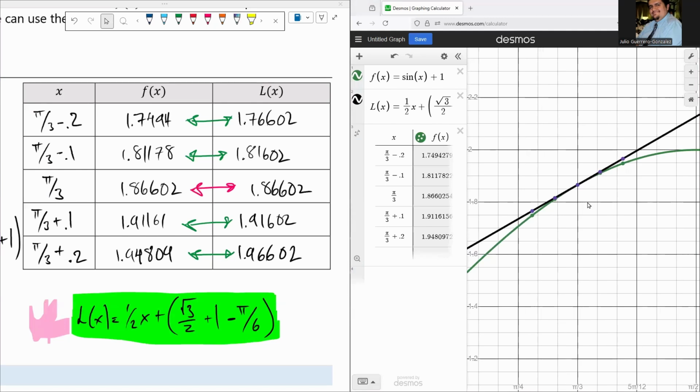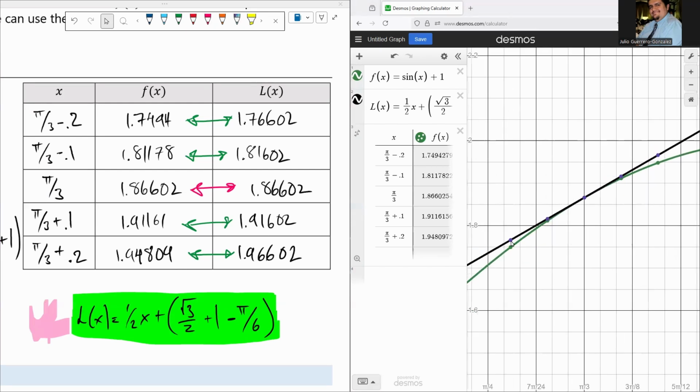Let me get this a little bigger. The function and the line do stray away from each other eventually; I'm not going to say they don't. But if you take a look at the values themselves, they are not that far off. They are pretty good approximations to your function f of x.